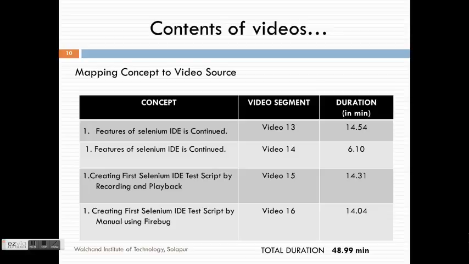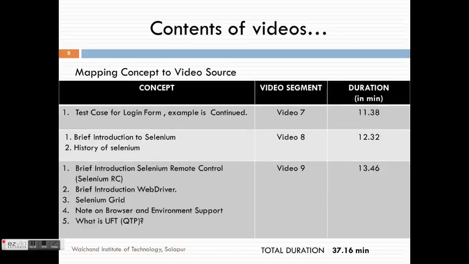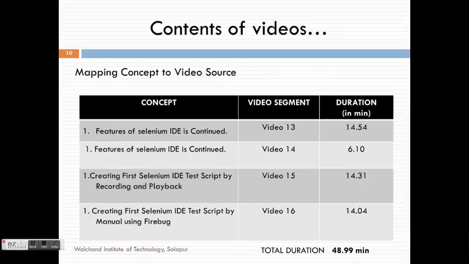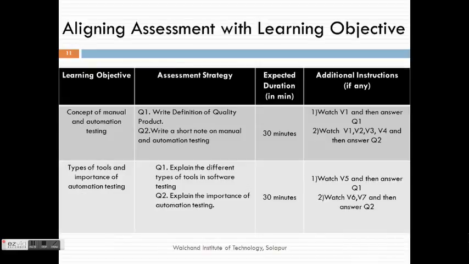Going further, here we are trying to capture the learning objectives and the assessment strategy, which is used to assess how well the learning objectives have been assimilated by the student after watching the videos. For the learning objective where we want the student to explain the concept of manual and automation testing, this can be addressed by watching videos 1, 2, 3 and 4.